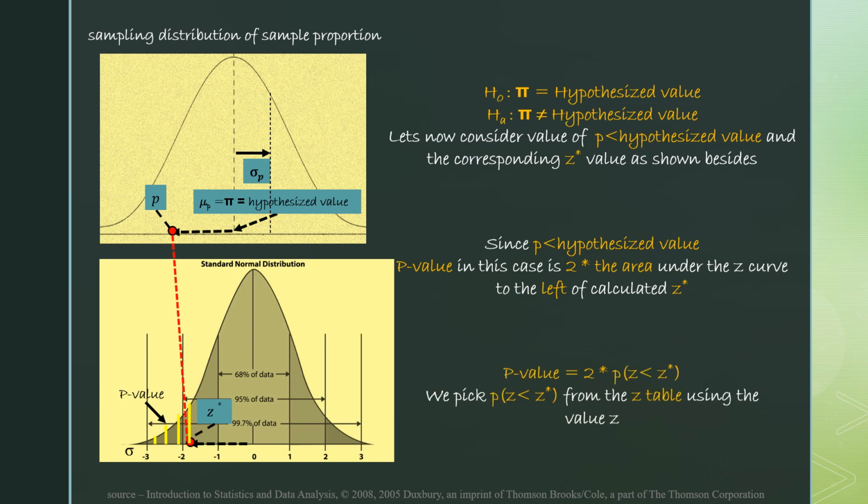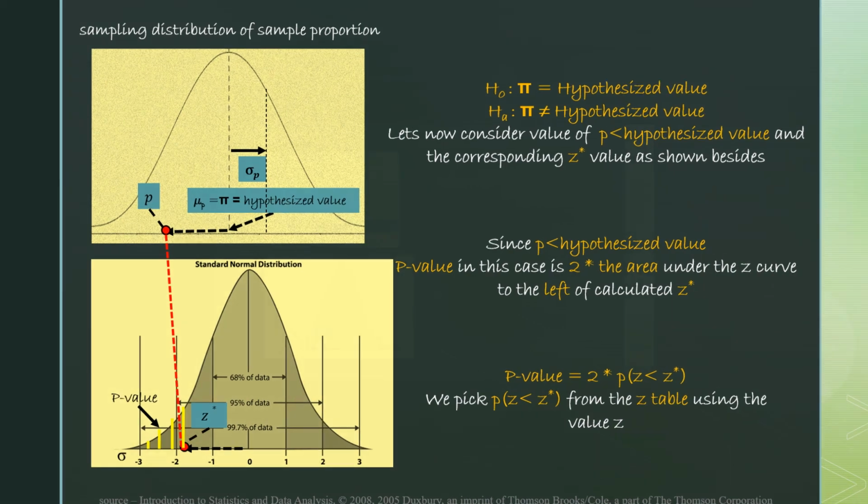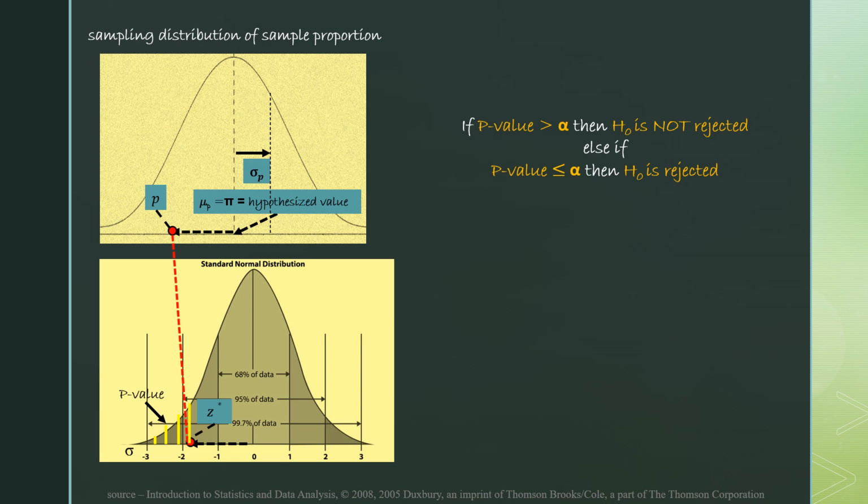P-value equals 2 times the probability of z taking a value less than z star. We pick the probability of z taking a value less than z star from the z table using the value of z. If the p-value is greater than alpha, then H0 is not rejected. Else if the p-value is less than or equal to alpha, then H0 is rejected.